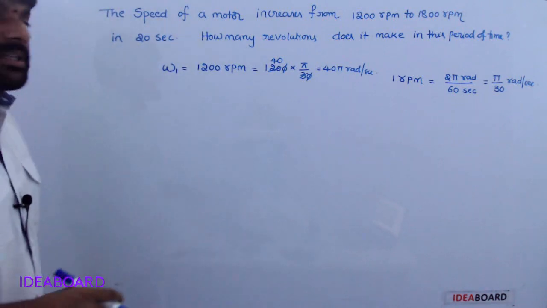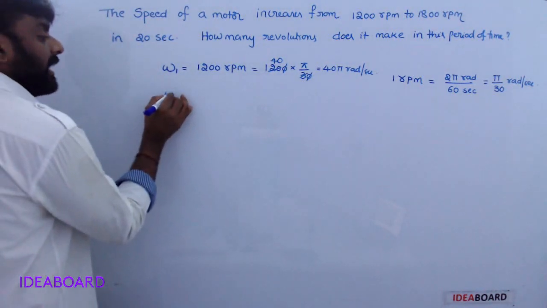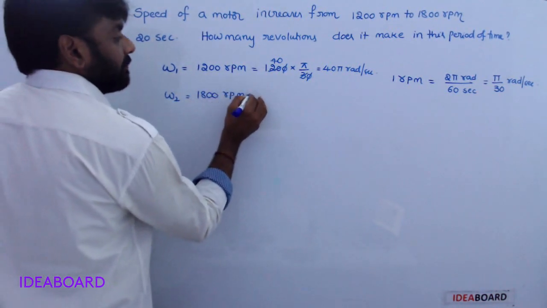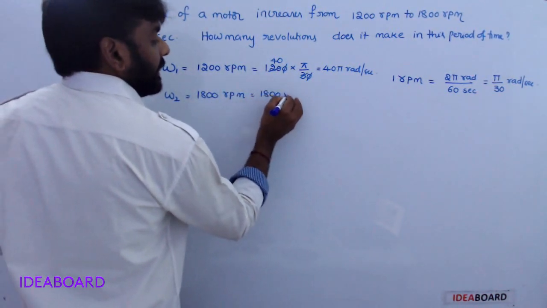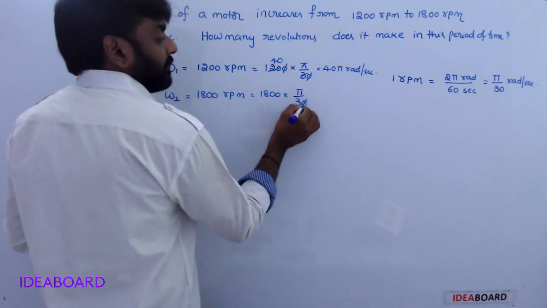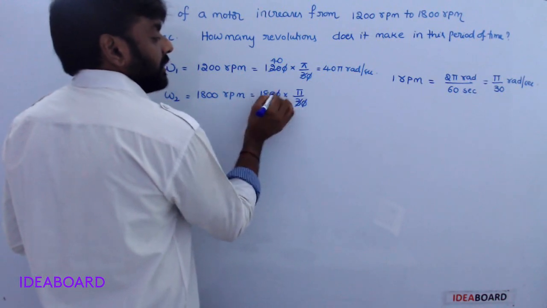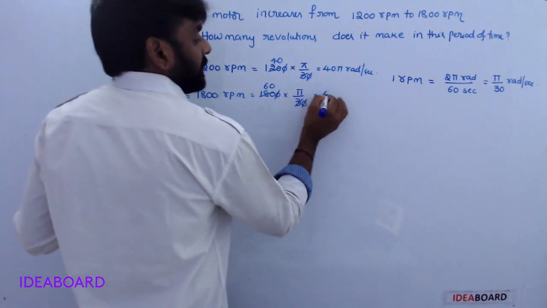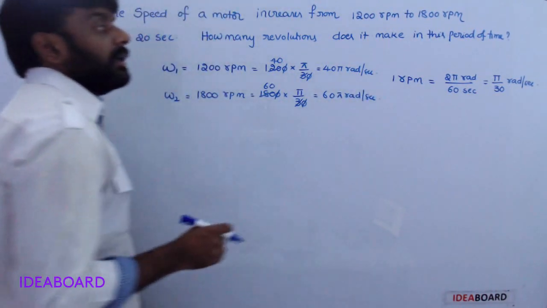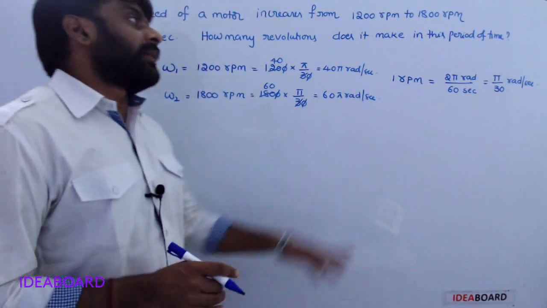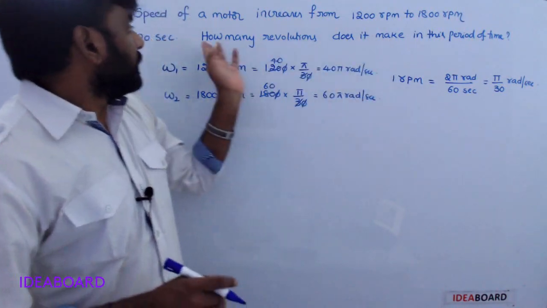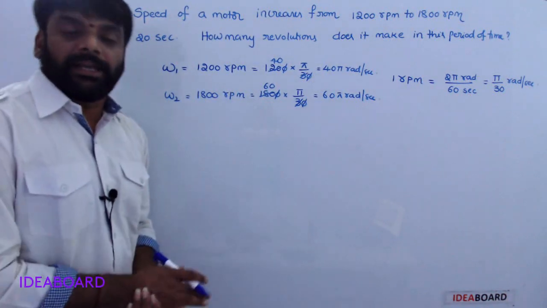Next, omega 2, 1800 rotations per minute, 1800 into pi by 30. The zeros cancel, it is 60. That means 60 pi radian per second. So here the required one is how many revolutions?